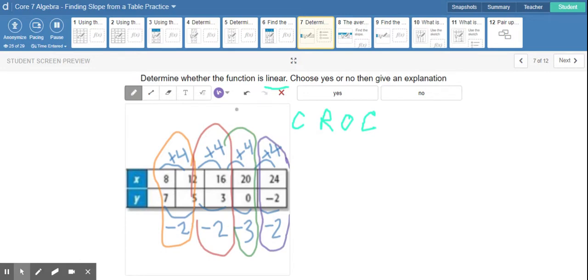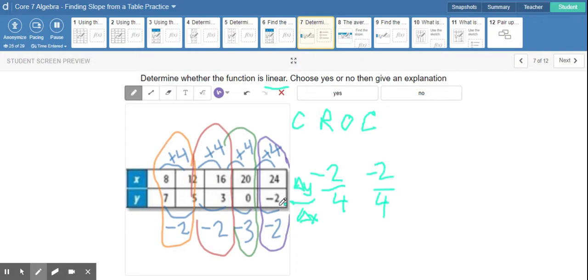Those were not the same every time that I listed them, right? The first time it was negative 2 over 4. Remember, it's change in y over change in x. And the second time it was negative 2 over positive 4.